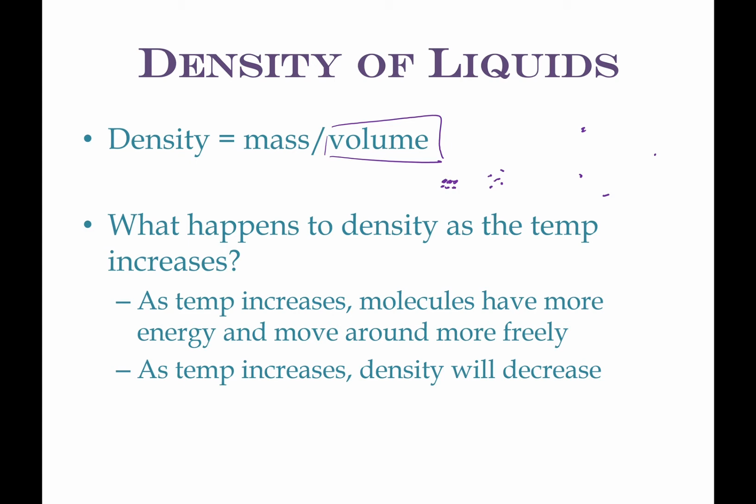The volume is going to get larger, so the particles are going to have more freedom of motion. So if the denominator is getting larger, the density would go down, become smaller. So density becomes smaller as temperature increases because the volume becomes larger and the particles have more freedom of motion.